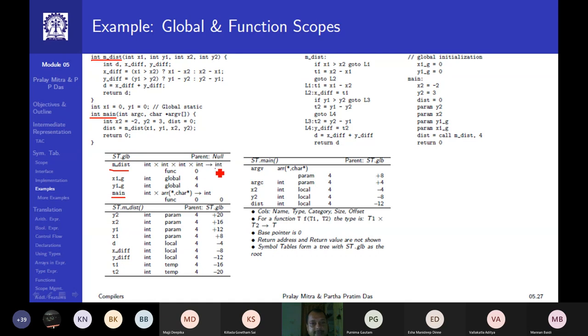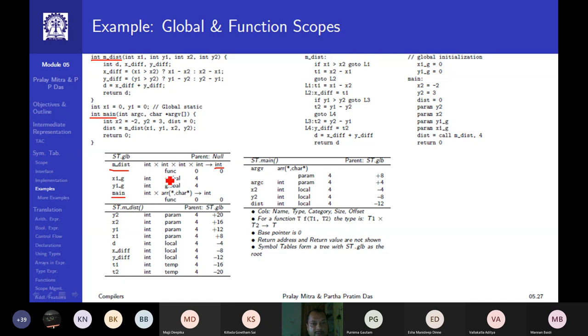The last int indicates the return data type, that is int, and the crosses indicate the parameters. If it is so, then for main what will happen? int argc, int star argv square bracket, so a two-dimensional array it is. So int cross character star maps to integer; the return type is integer.